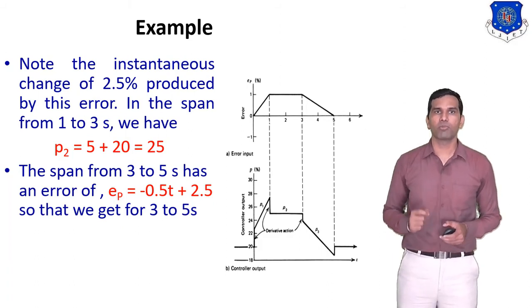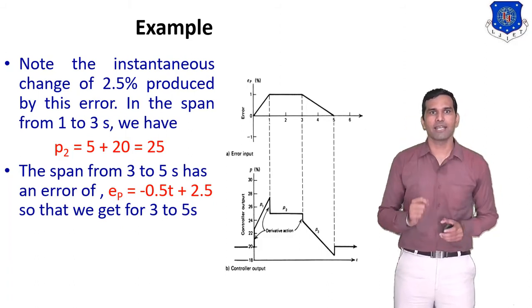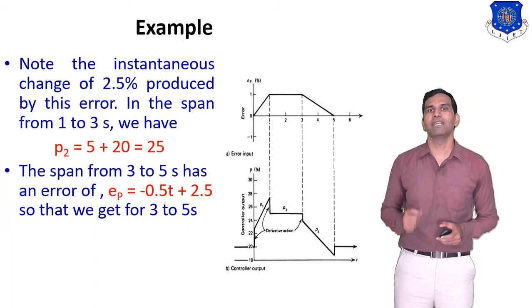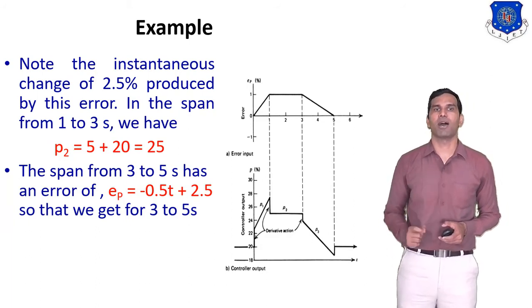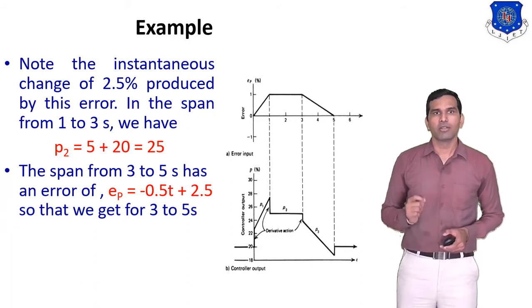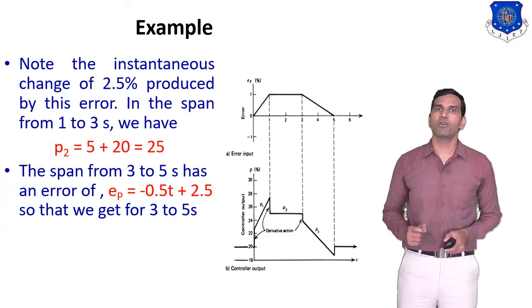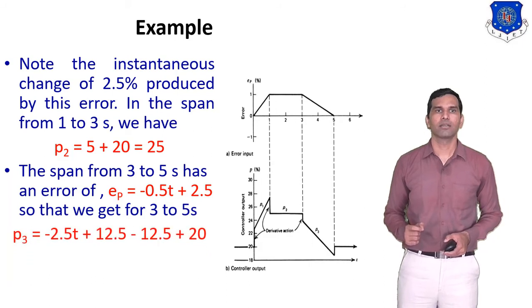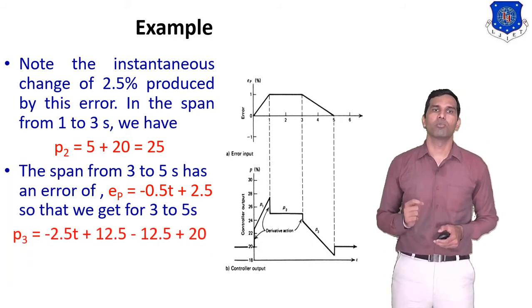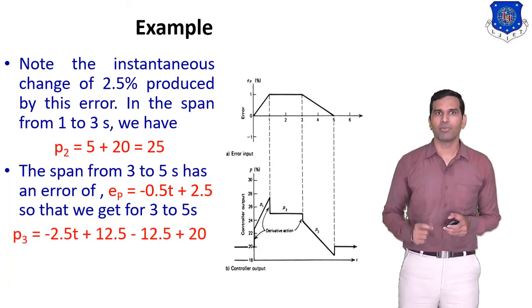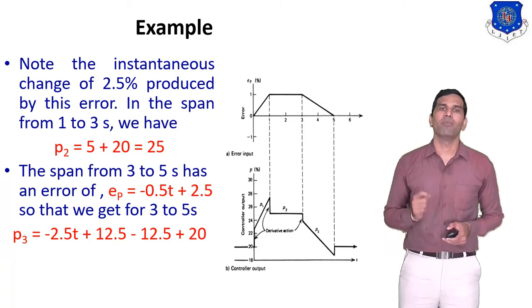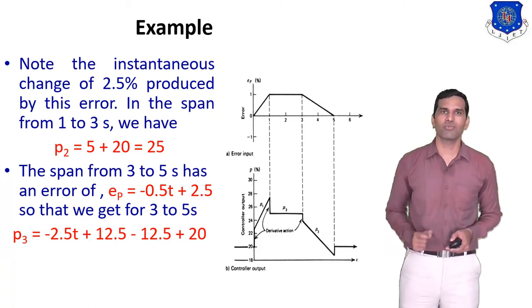The span from 3 to 5 seconds has an error of Ep equals minus 0.5t plus 25. So for 3 to 5 seconds we get P3 equals minus 2.5t plus 12.5 minus 12.5 plus 20.